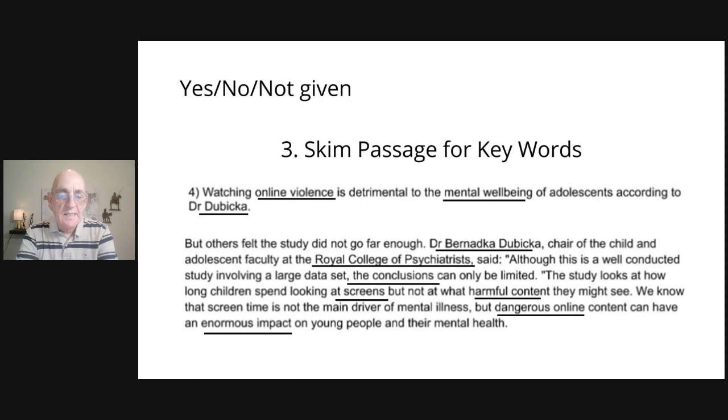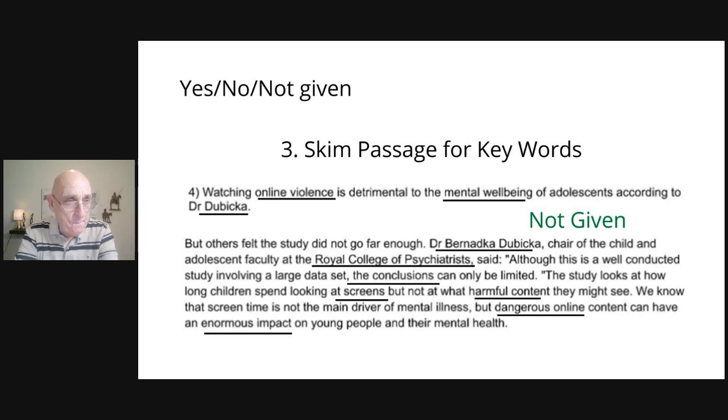And then it says very clearly, dangerous online content can have an enormous impact on young people. But it doesn't totally agree because it doesn't say it does, it says it can have, which is very similar to may. And that means it's not given.